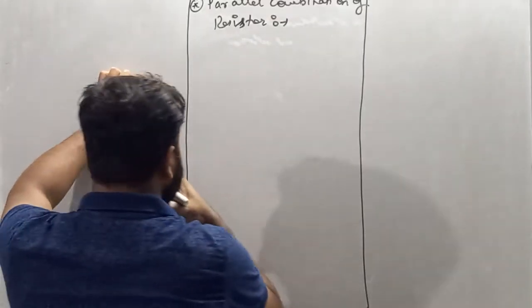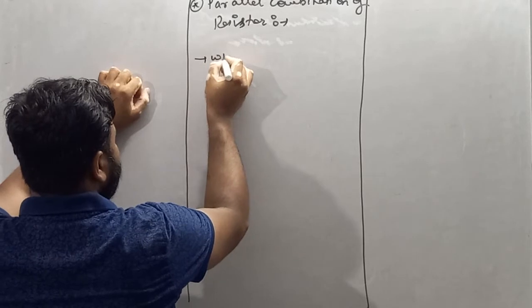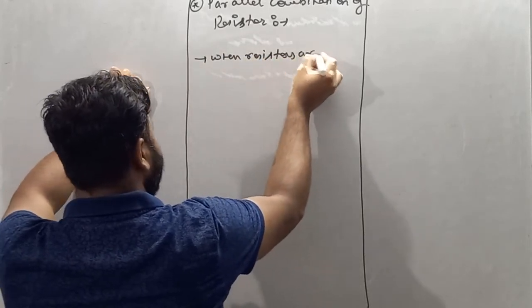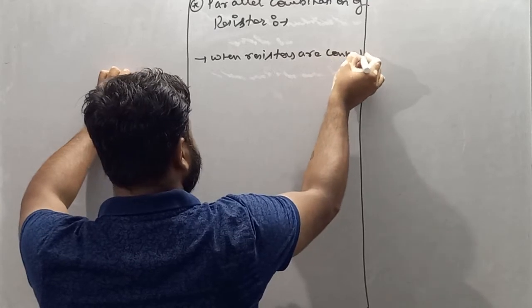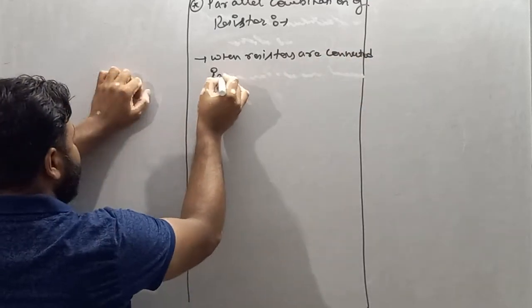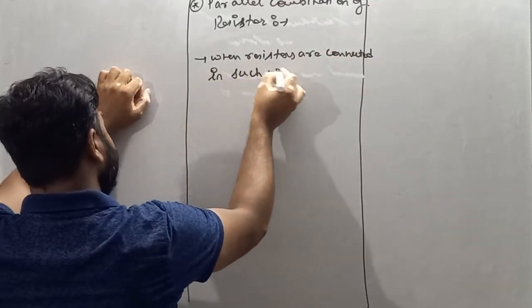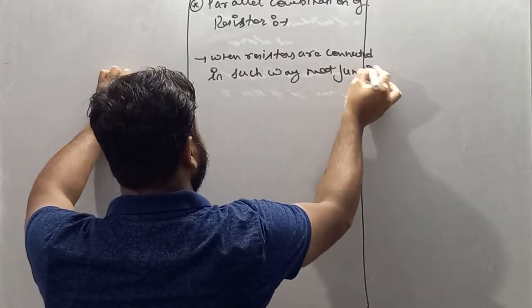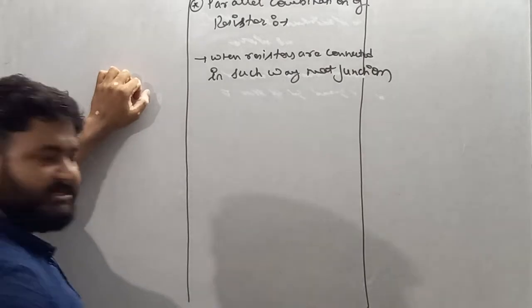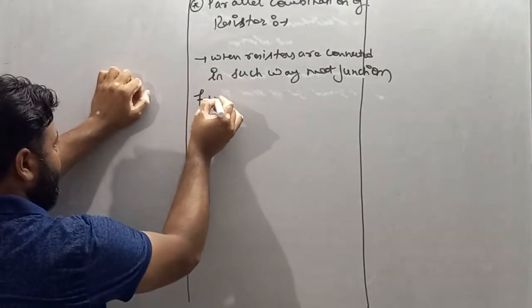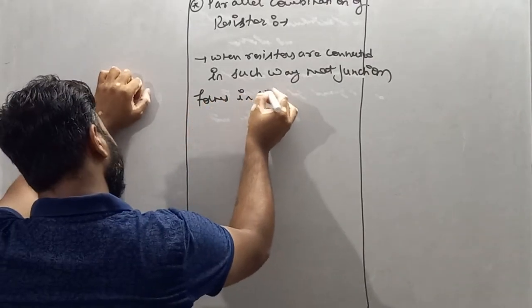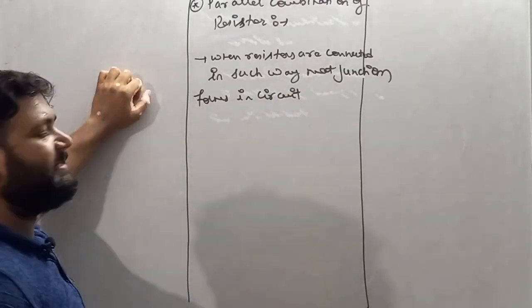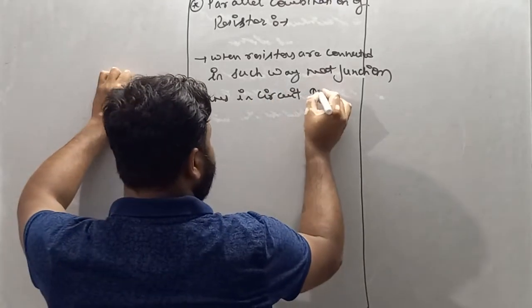See, my dear students, when resistors are connected in such a way that a junction forms in the circuit, then the combination is said to be a parallel combination.